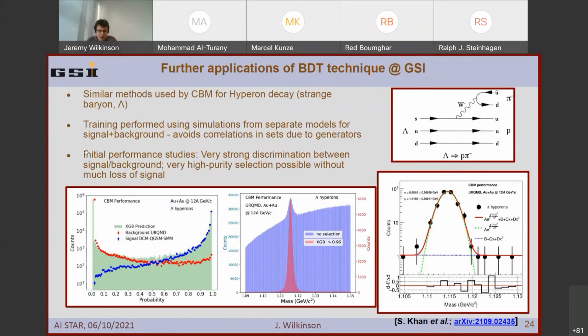And the initial performance studies of this are showing that there's a very strong discrimination between the signal and background, either before the selection in blue and after selection in red. And then this allows us to make a very high purity selection without much loss of signal.